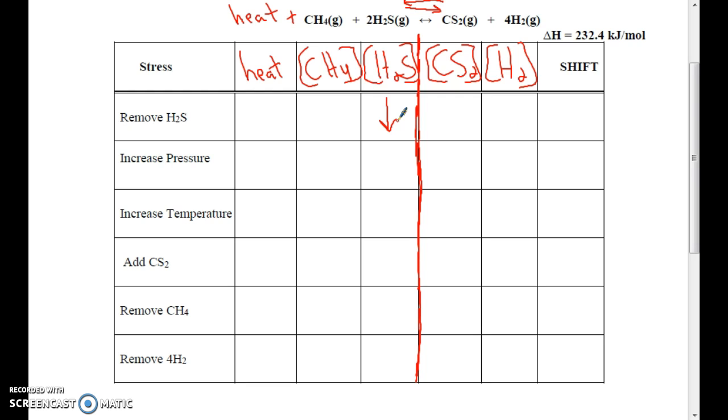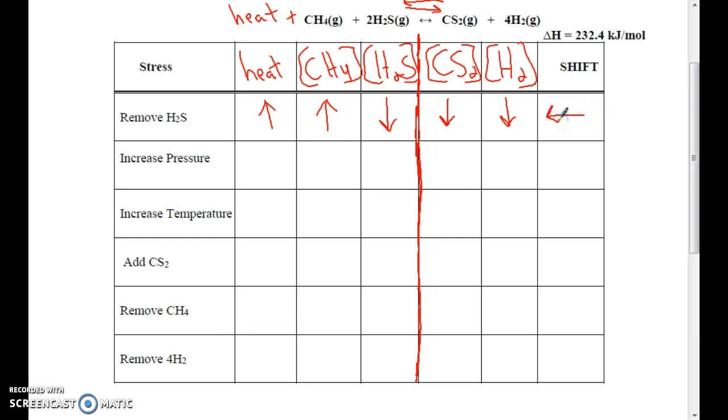The way it does that is by consuming some of these products. The CS2 and the H2 react to reproduce some of the reactants. So the reactants are going to go up and the products are going to go down, and this is a shift to the left.